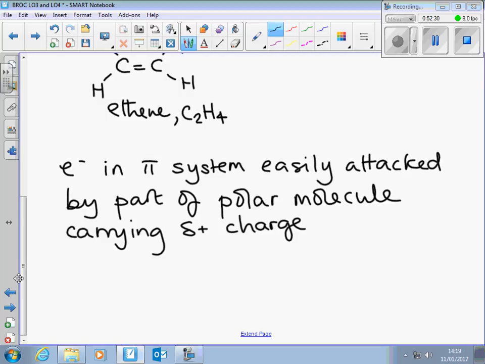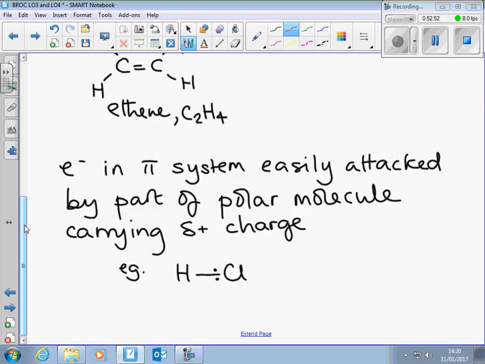Okay. So yes, he's done a little diagram of hydrogen bromide. Oh well, let's, for example, not do hydrogen bromide. Let's do hydrogen chloride, which is, yeah, very, very similar. Chlorine, more electronegative than hydrogen, so the pair of electrons is going to spend more time round the chlorine.